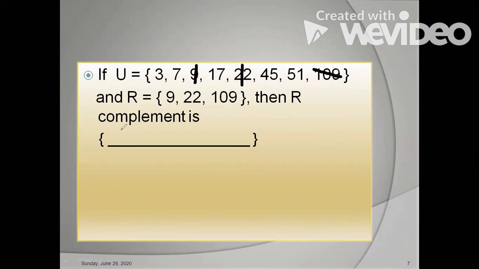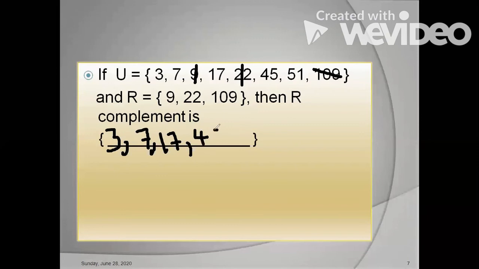R complement would have been 3, 7, 17, 45, and 51. So that's your answer.